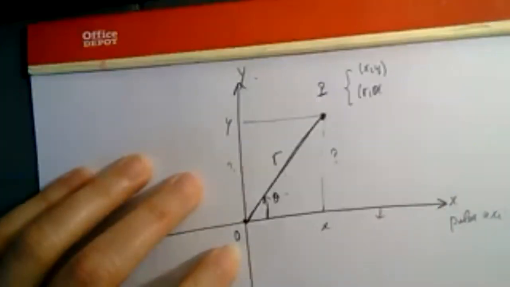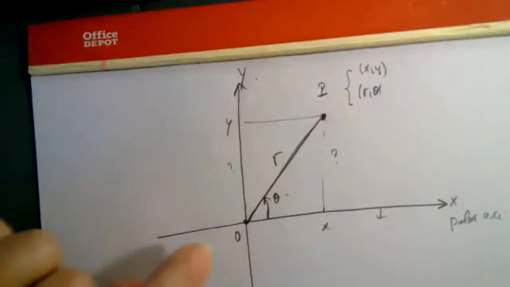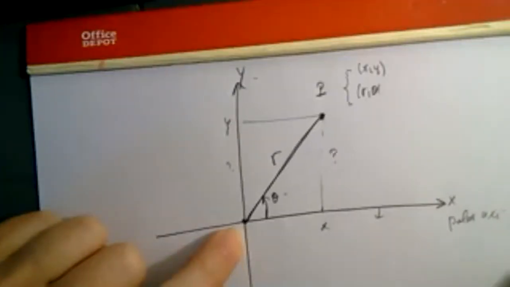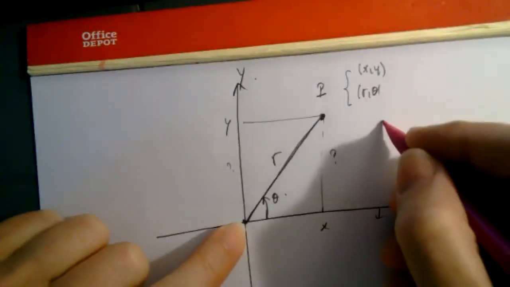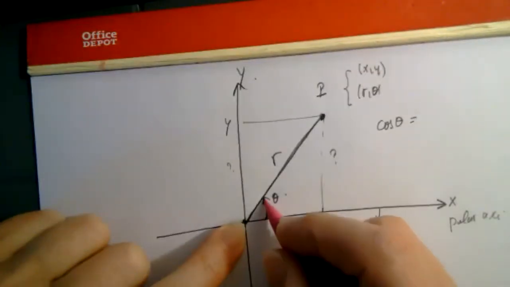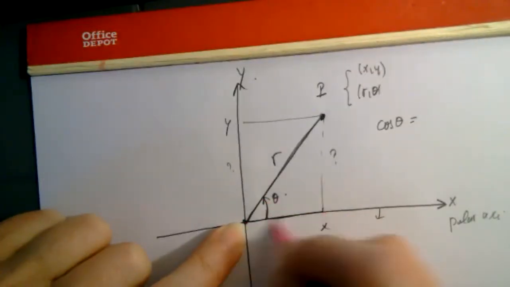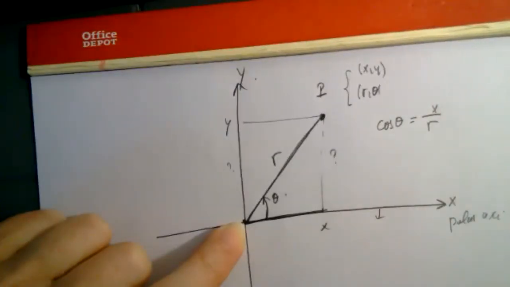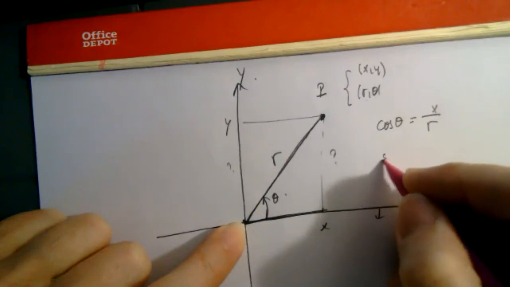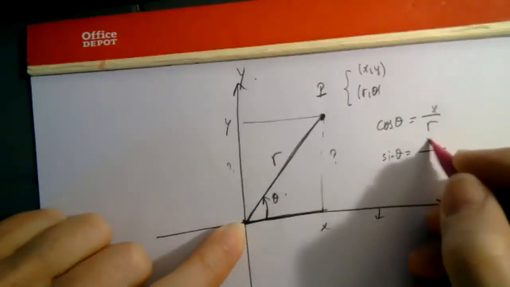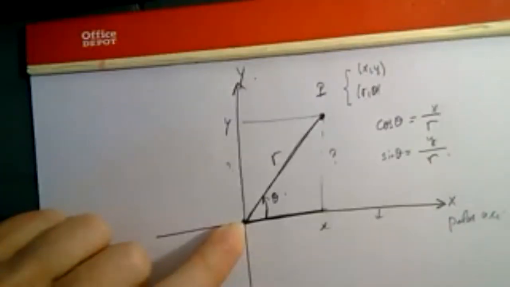Using the point P in the first quadrant and basic trigonometry in the right triangle, what I mentioned last time was the following. The cosine of theta is this side over r, and the sine is y over r.